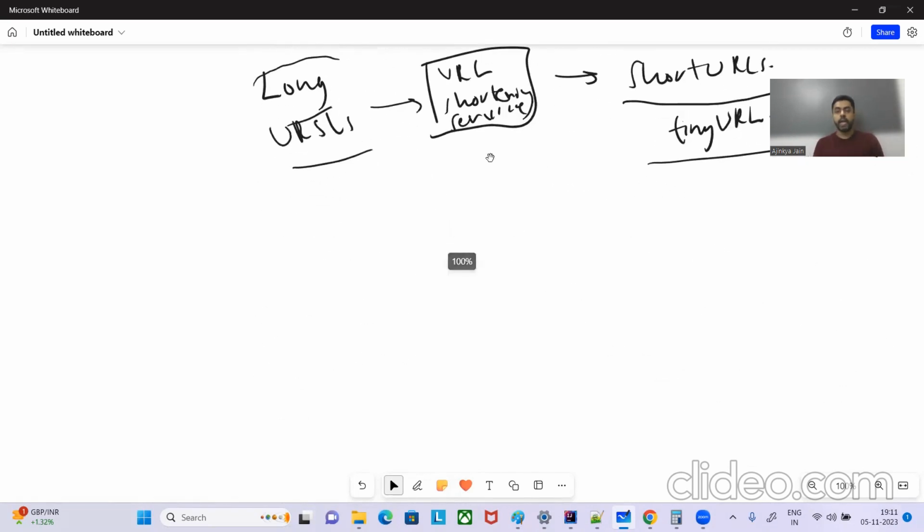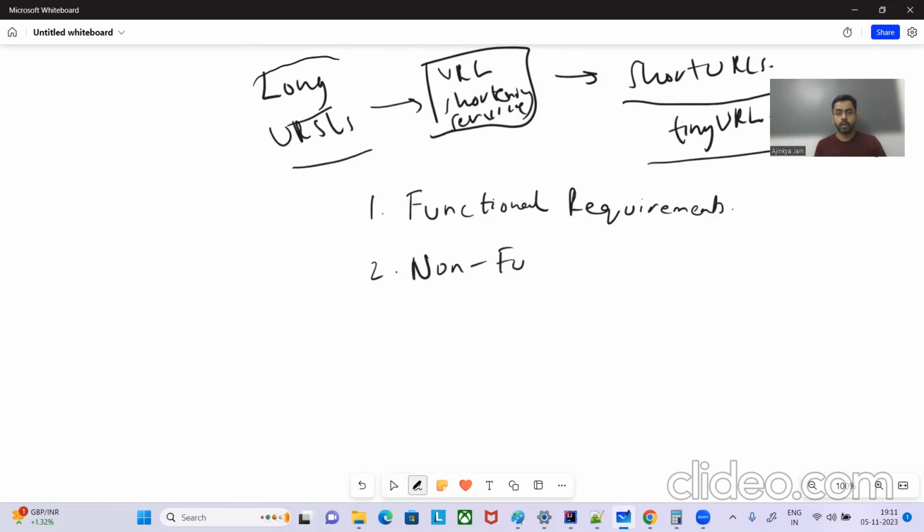Whenever an interviewer asks any system design problem, how should we approach the design? The first and foremost thing is to understand the functional requirements. Second is non-functional requirements.